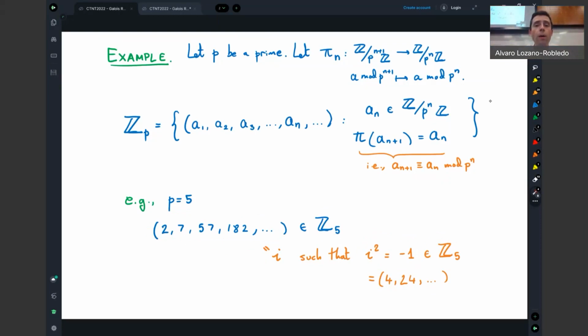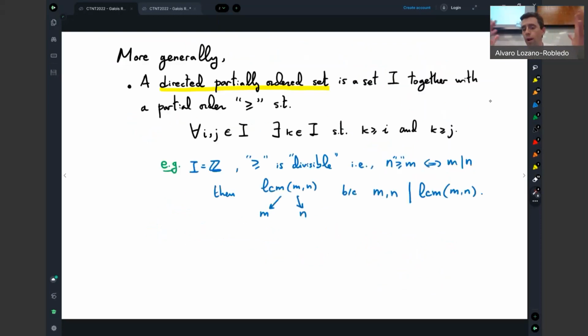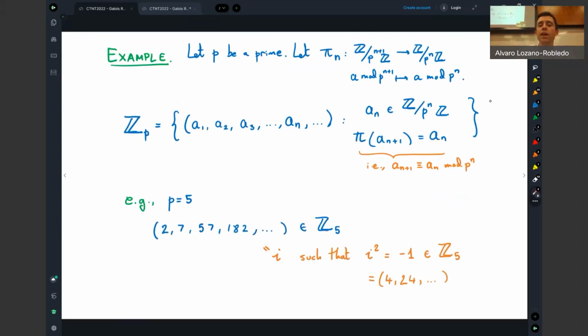So what other profinite groups do we have? Let's define what a profinite group is. Just in the same idea, we want something that will encompass all these groups with maps down to each other. First what we need is a set of indices. In the case of the p-adics, the set of indices is very natural, very nice.